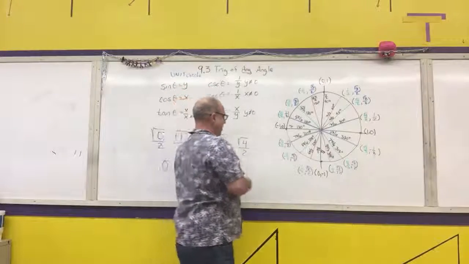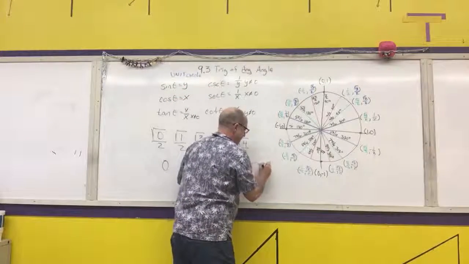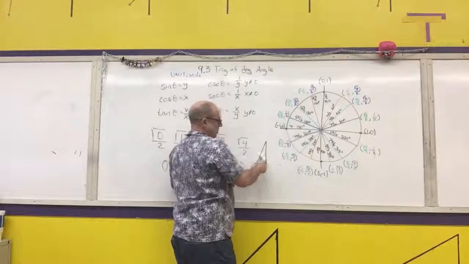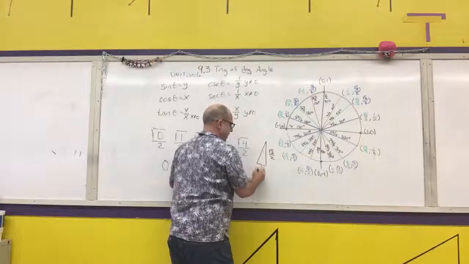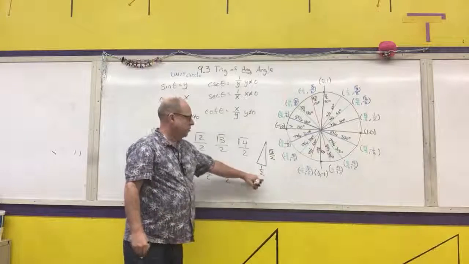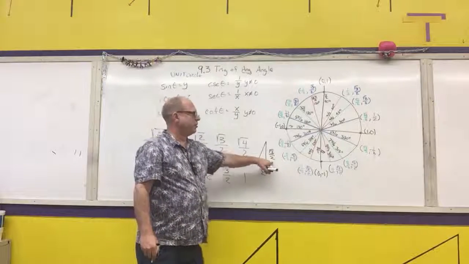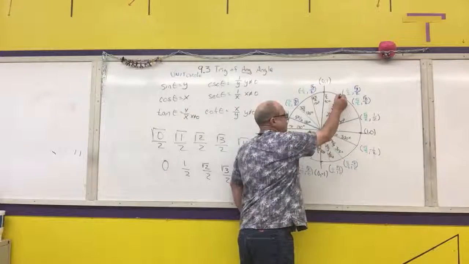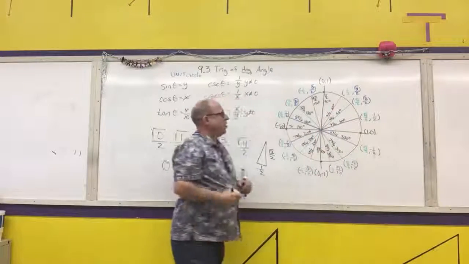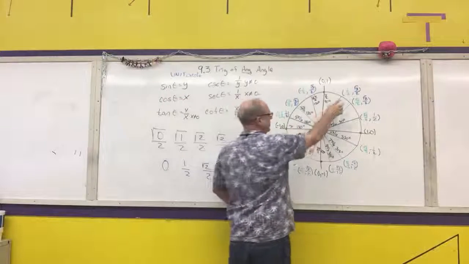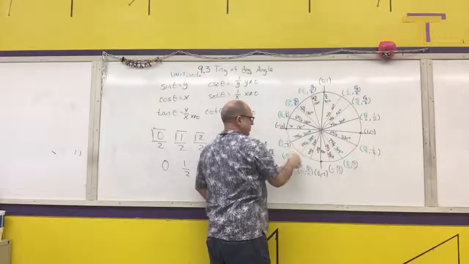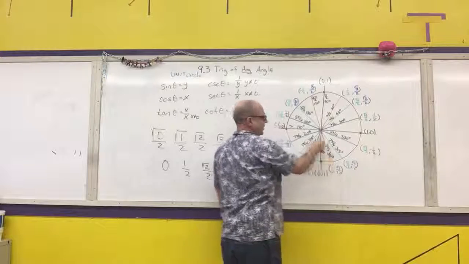So if you make your arm where the x is small and the y is big, that would be the square root of 3 over 2 for y, and 1/2 for x. So cosine would be 1/2, sine would be the square root of 3 over 2. Notice that is this angle. And if you notice the way I drew it on the board, all of your pi thirds angles have the same numbers with the exception of the signs.